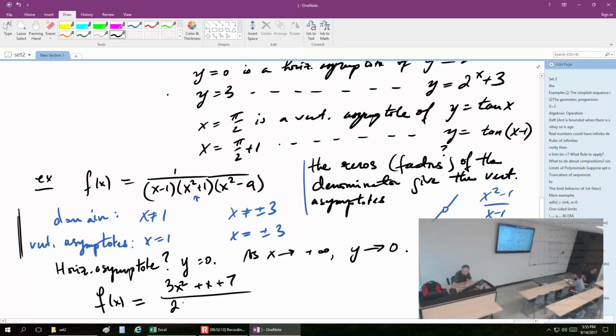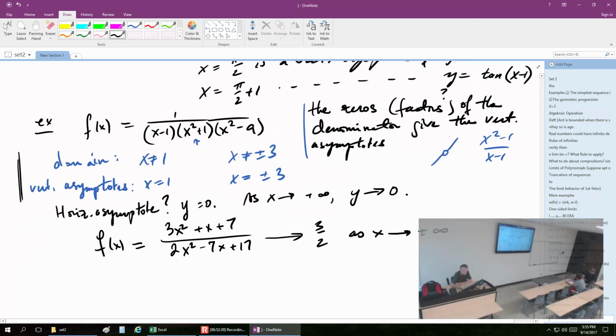So for example, I have 2x squared minus 7x plus 17, okay? The fact that it's not factored makes it easier to see the leading terms. Seeing the leading terms is all you need to do to find the limit. So what's the limit? 3 halves. 3 halves as x goes to plus infinity or minus infinity for that matter. And once you have this limit, then y equals 3 halves is a horizontal asymptote.